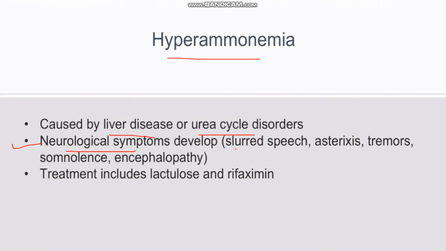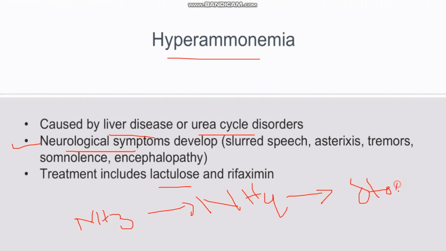I'll tell you in the next slide why neurological symptoms happen in hyperammonemia. The common treatment for hyperammonemia includes lactulose. Lactulose acidifies the gut and converts ammonia into ammonium, which can be excreted in stool. This is a common treatment given in hyperammonemia, or sometimes we also use antibiotics.